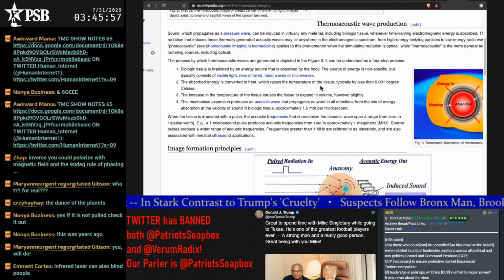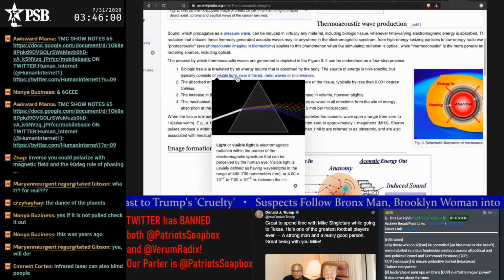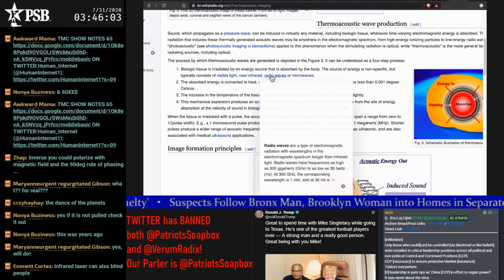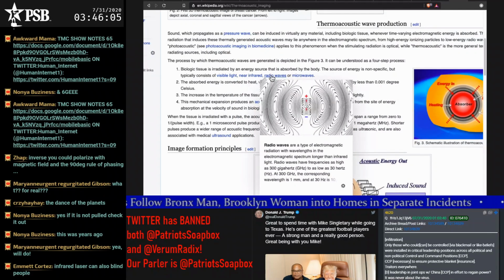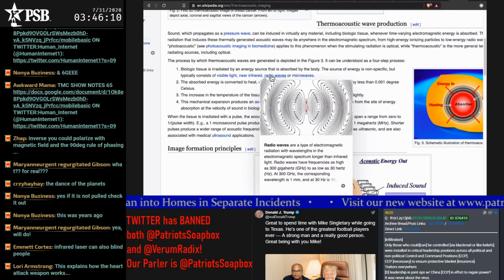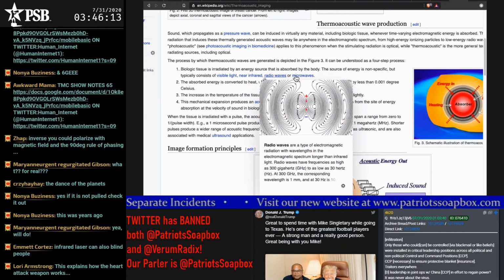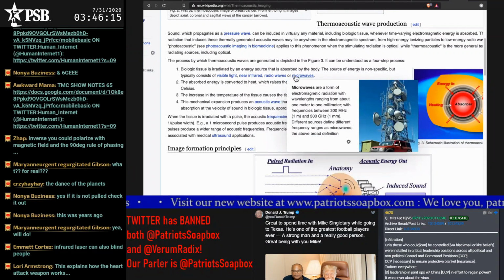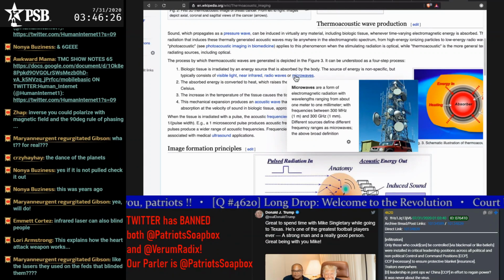The source of energy is nonspecific, but typically consists of visible light, near-infrared, radio waves, or microwaves.